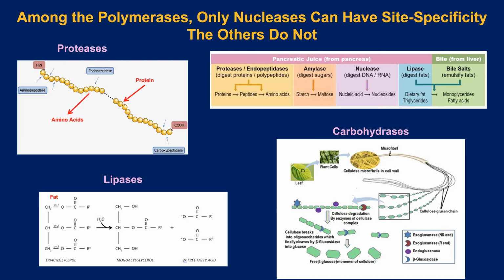Exoglucanases can also start at the other end, at the reducing end, and do the same thing, whereas endoglucanases cut polymers somewhere in the middle. And in any event, you end up with monomers, glucose, from cellulose. So again, there is no specificity here. The enzymes just indiscriminately cut at their active sites.